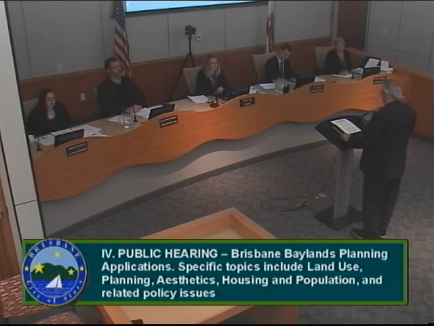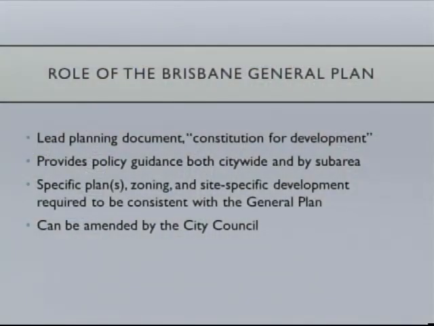Tonight we talk about housing and related issues, land use, aesthetics, and so on. We'll start with land use. The general plan, which is one of the documents that we're dealing with here, is the lead document for planning. It is the Constitution for Development policy. It provides guidance both at a citywide level and in the city of Brisbane.